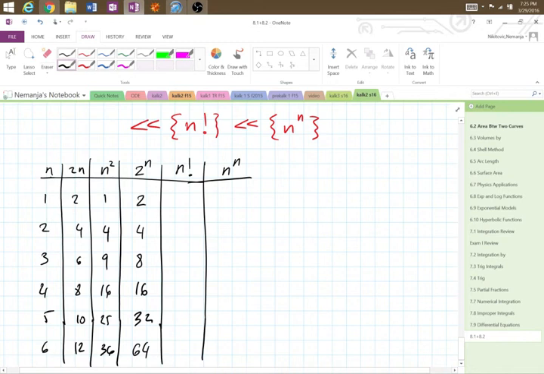Now, what is a factorial? Factorials multiply 1 times 2 times 3 times 4 times and so on until you get to that n value. So 1 factorial is clearly 1 because it's just a number. But then 2 factorial is 1 times 2, which is 2. That one is losing, right? And then you have 1 times 2 times 3, which is 6.